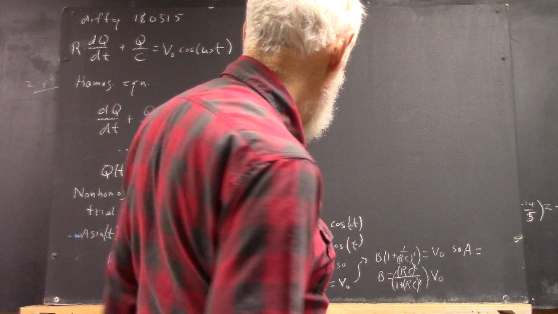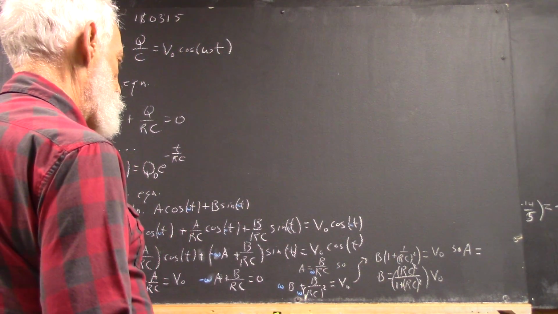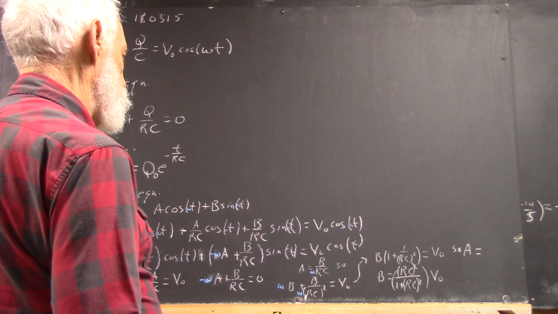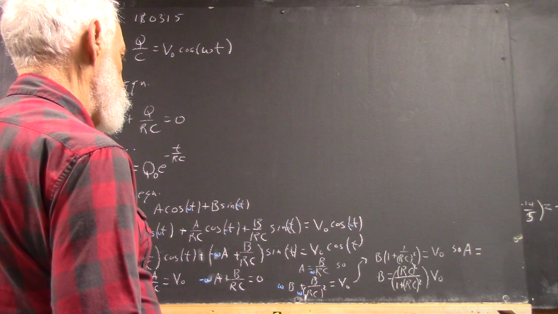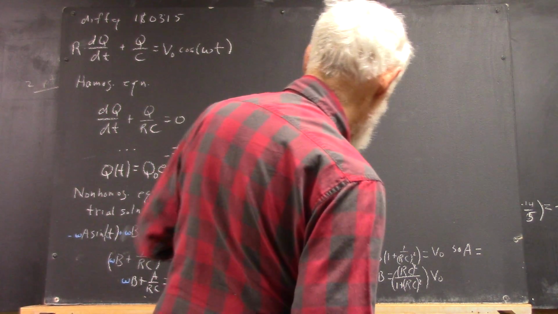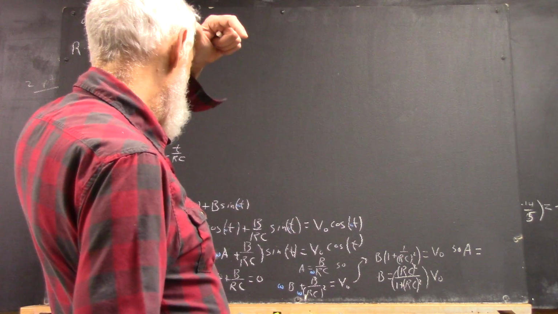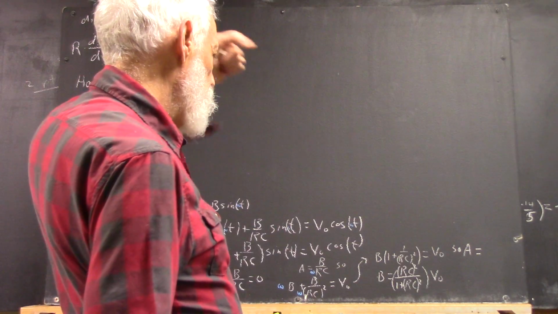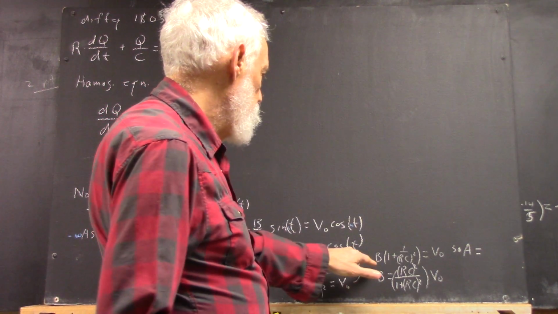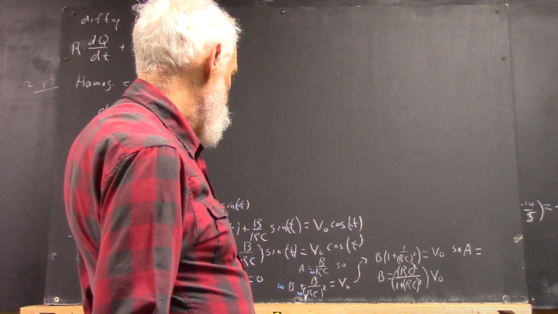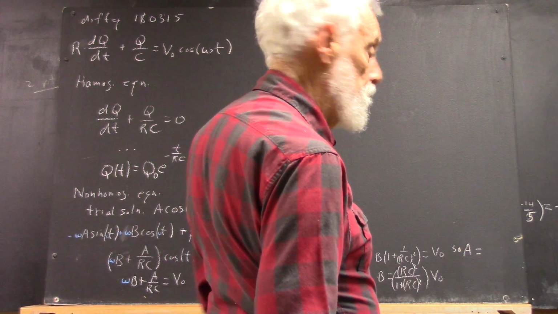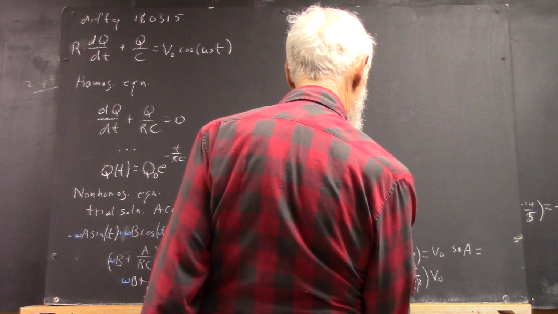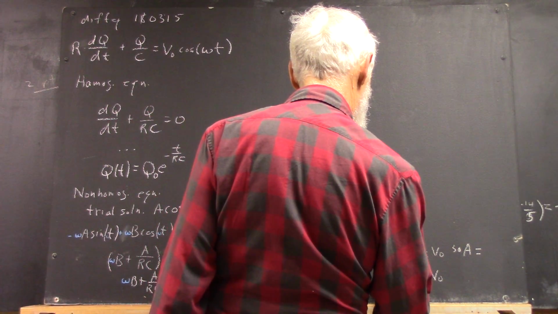Then over here, when you solve this, I'm just trying to figure out how to put things in here. It's like you get omega B times 1 over omega RC squared. So you're going to have an omega here and an omega here.